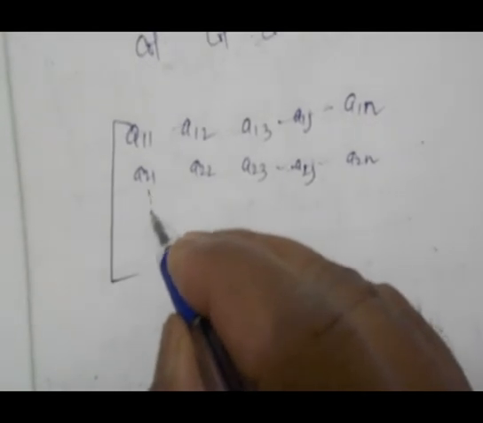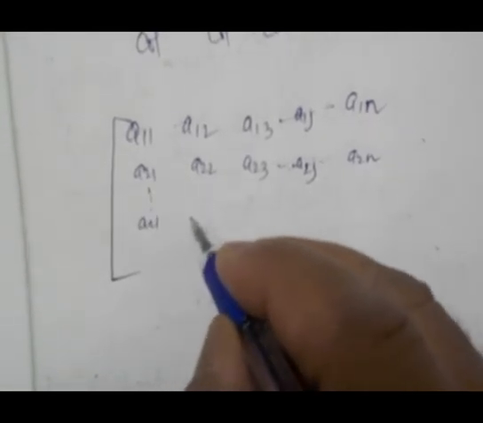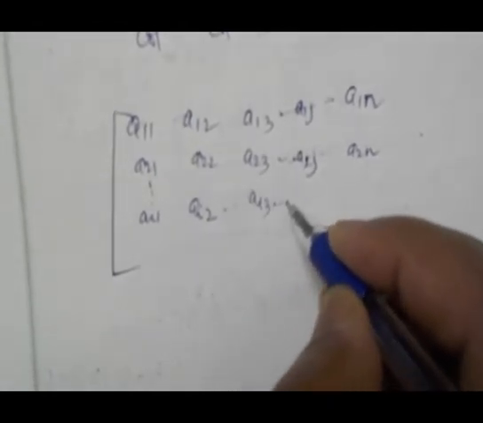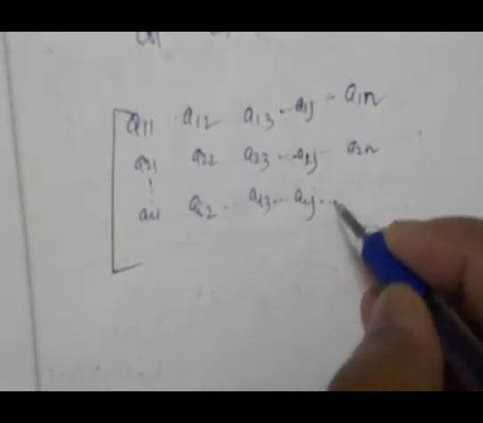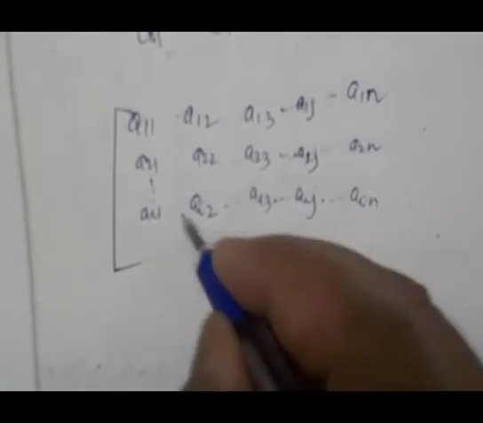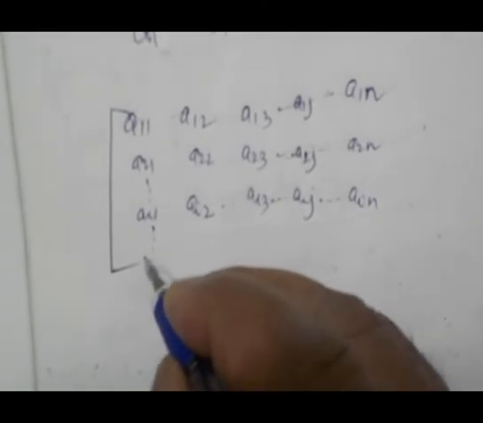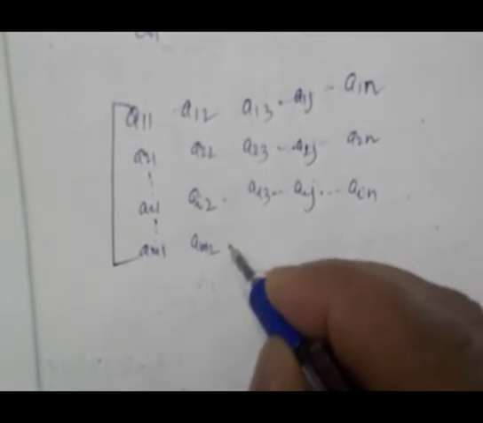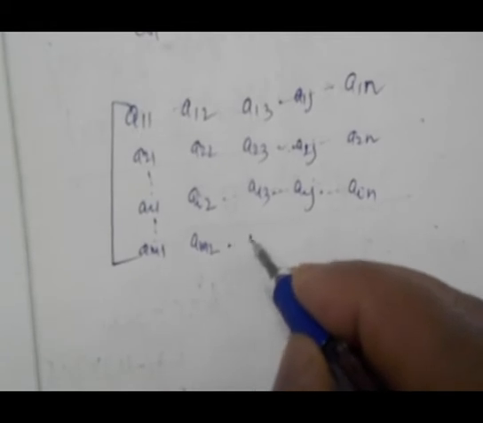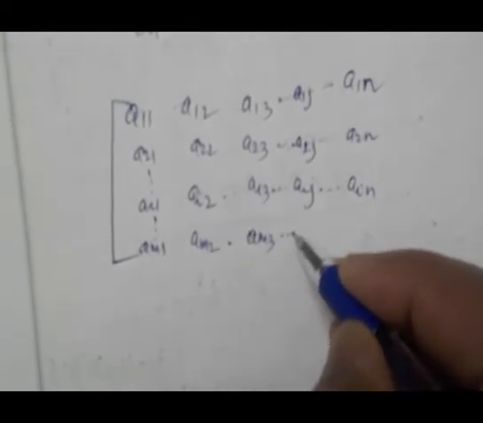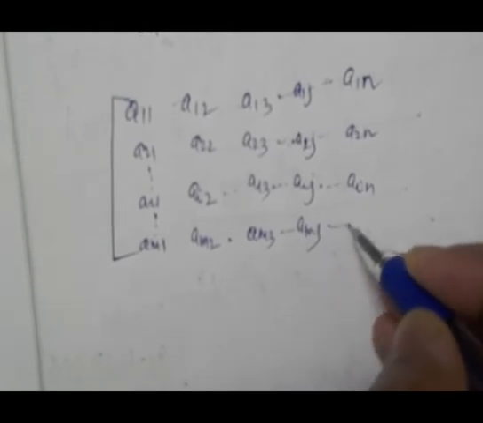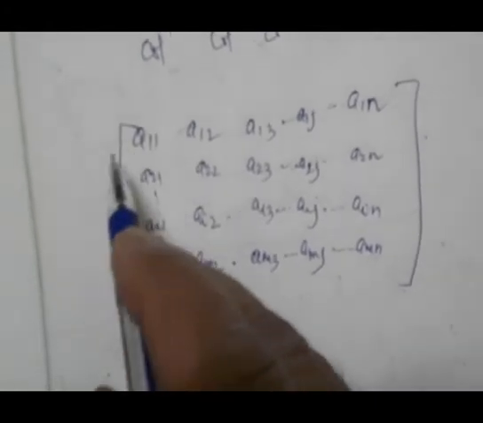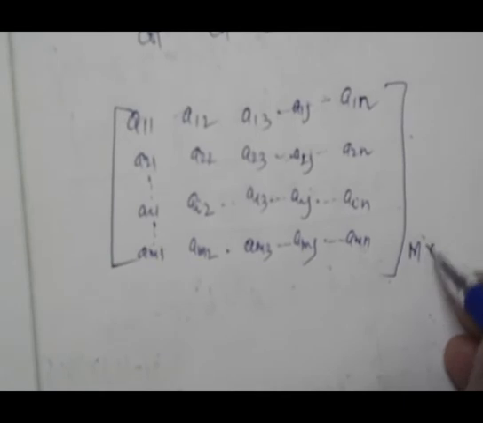In the same way, Ai1, Ai2, Ai3, dot dot, Aij, dot dot, Ain, and at last, after some rows, Am1, Am2, Am3, and then dot dot Amj and at last Amn. There are m rows and n columns.